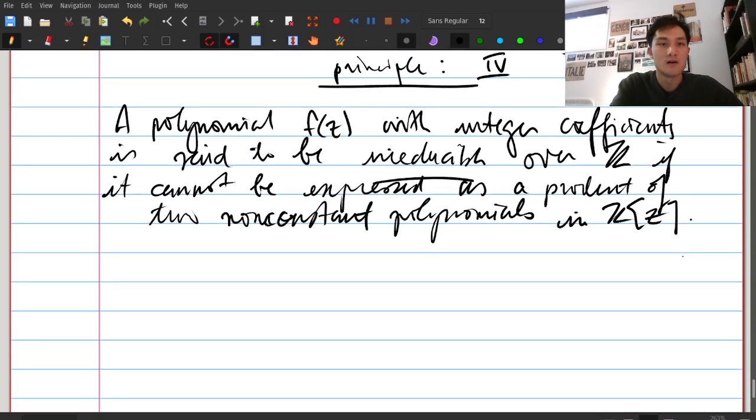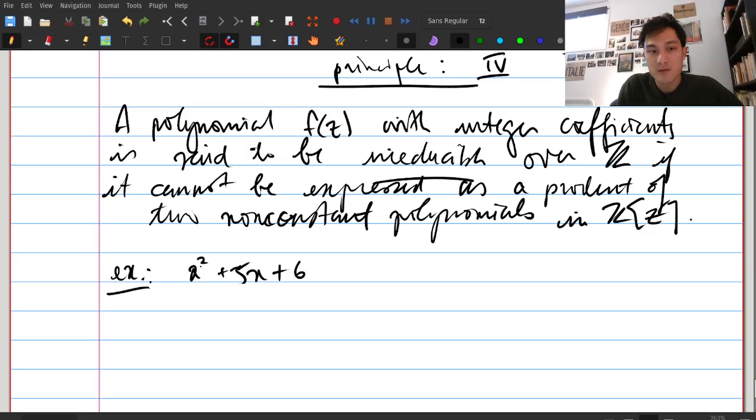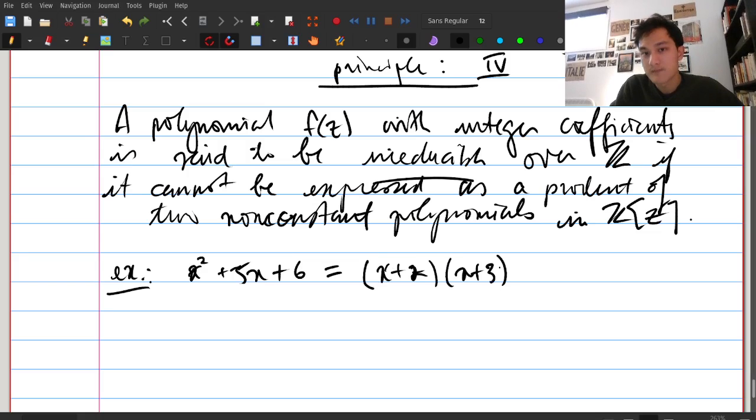Okay? Well, what does that mean? You guys have probably seen this before, but for example, x squared plus 5x plus 6, this is a polynomial with integer coefficients. It is not irreducible. It is reducible because you can express it as x plus 2 times x plus 3. Okay?